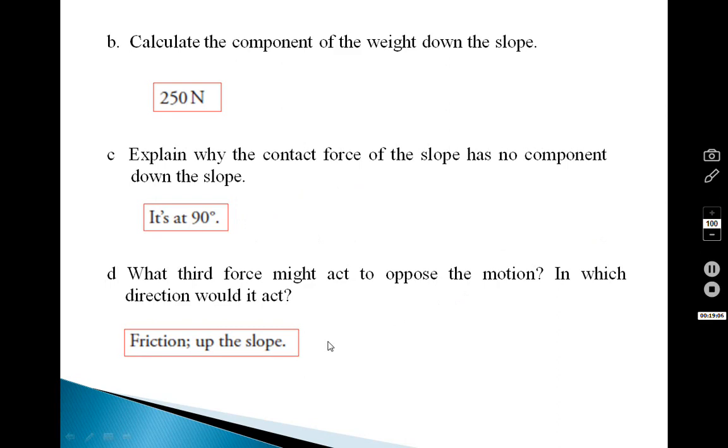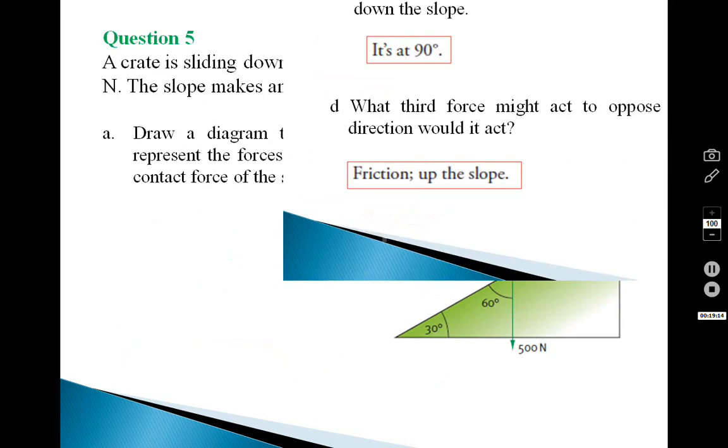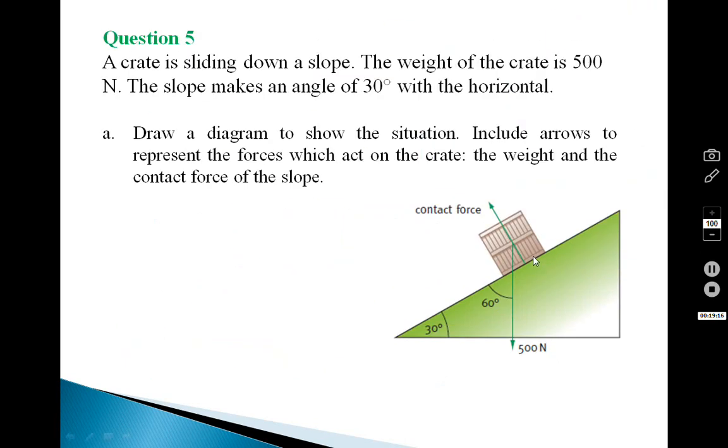Section D: what third force might act to oppose the motion? In which direction would it act? So we have a force here, friction. The crate accelerates down the slope, so the friction is acting this way.